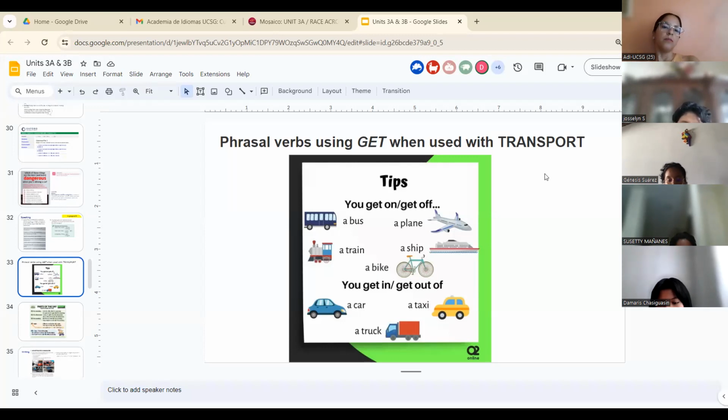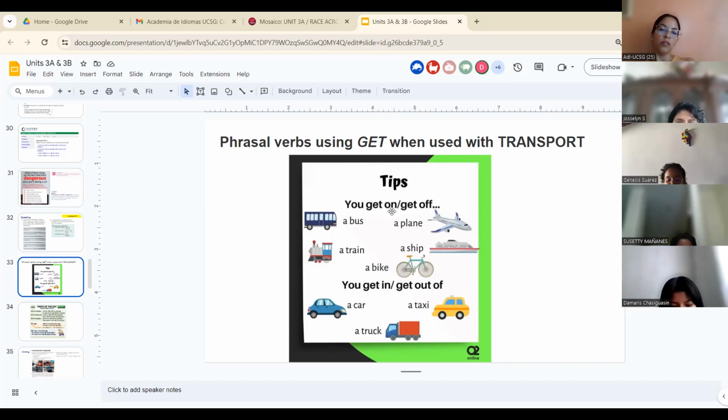There is a very common verb that we use to express certain situations with transport. That is get. When you use get with a preposition, it turns into a phrasal verb. Take a look at this. Get on versus get off.